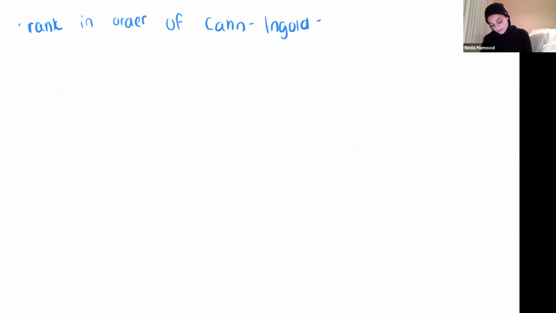So first question, let's go ahead and rank in order of priority. I'm going to mess up the spelling, but rank in order of the Cahn-Ingold-Prelog system. So when we see this, we know that we're going to put the highest priority first.